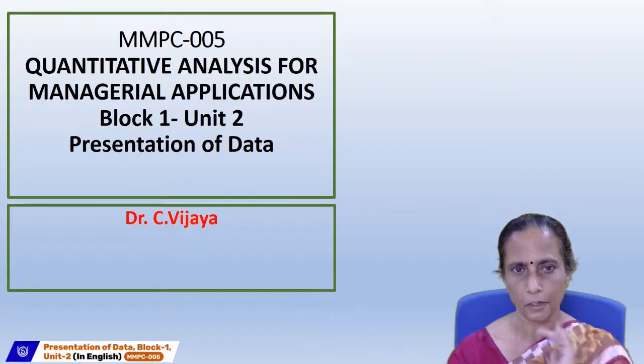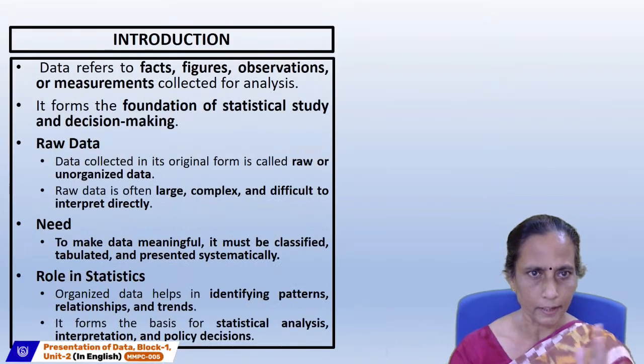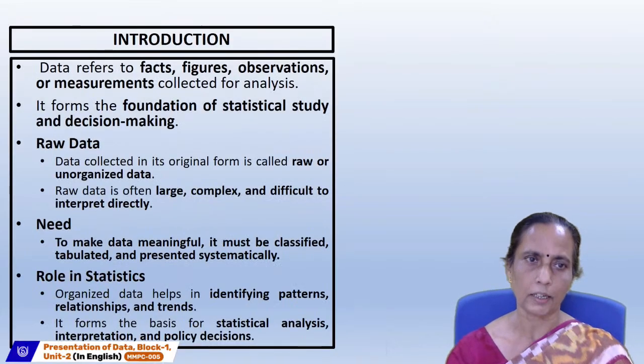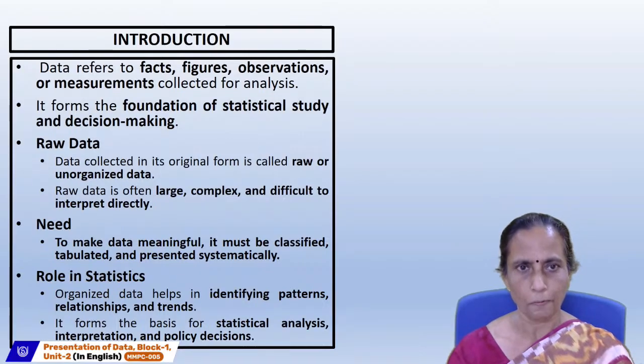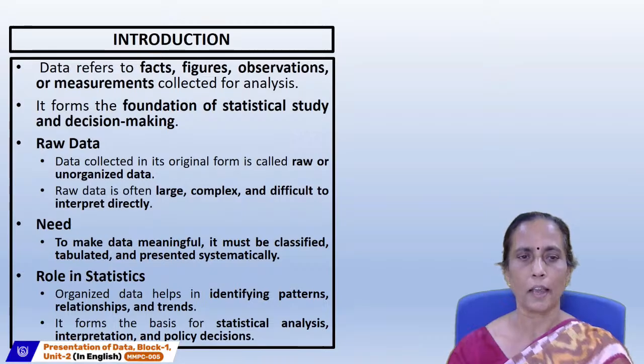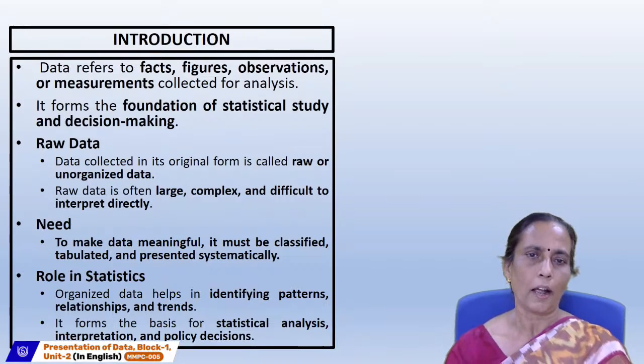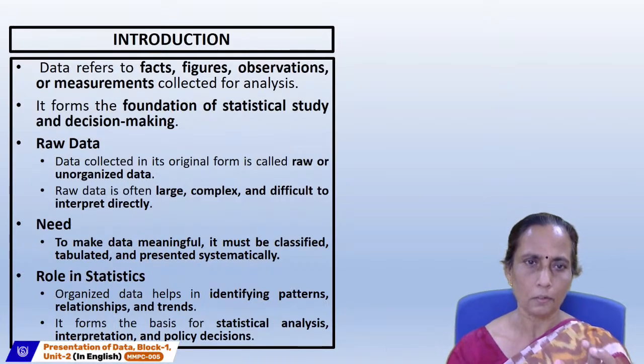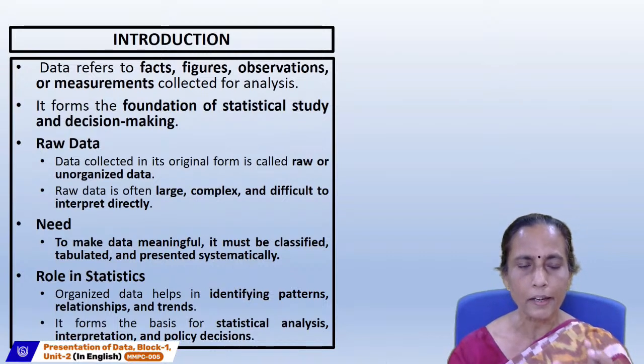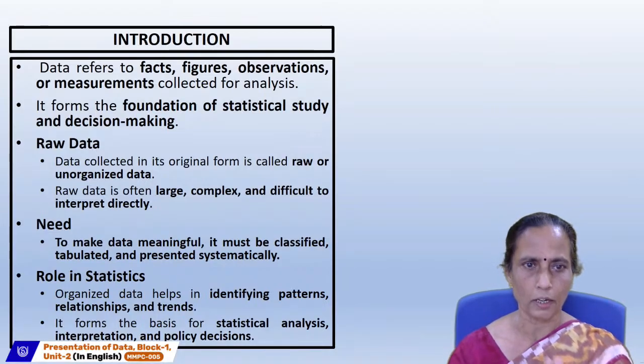So here we go. The data that we have collected are raw facts, figures, observations or measurements which can be used for our analysis, and we collected them by taking into consideration the purpose. So it forms the foundation. That particular data that we have collected is the foundation.